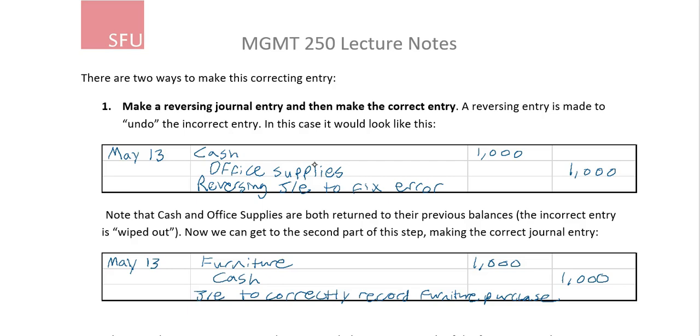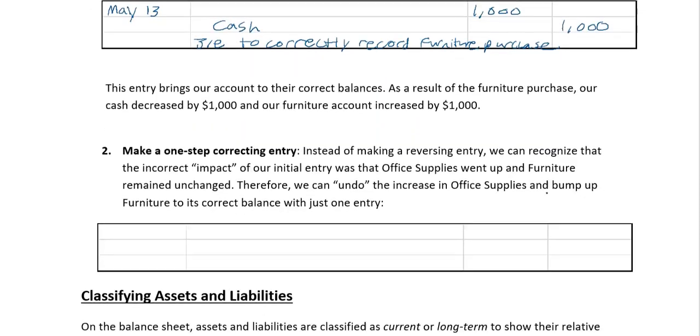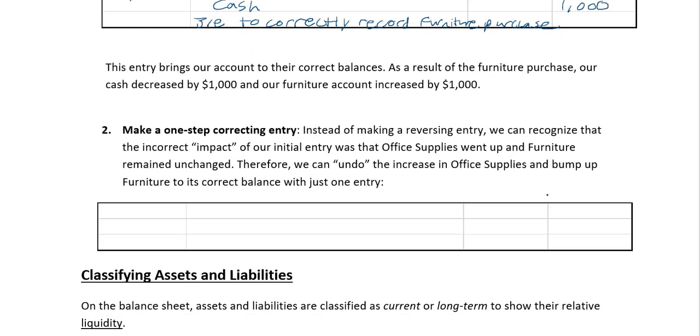On the same day you had your first entry, which was a mistake, then a reversing journal entry to fix the error, and then a third one, which recorded the purchase again, this time correctly for furniture. This entry brings the accounts to their correct balances: cash decreased by $1,000 and our furniture account increased by $1,000.